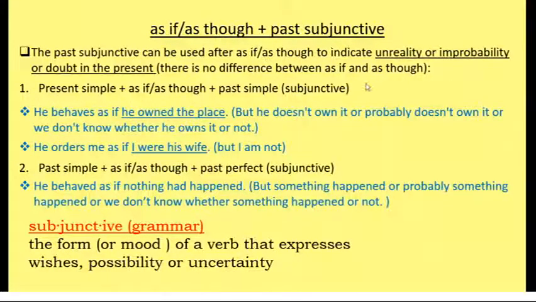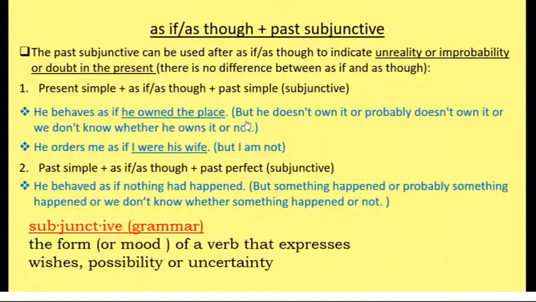Look at the first structure here. Present simple plus as if or as though plus past simple. You can find 2 examples here. He behaves as if he owned the place. After as if, this clause is in past simple. He owned the place.